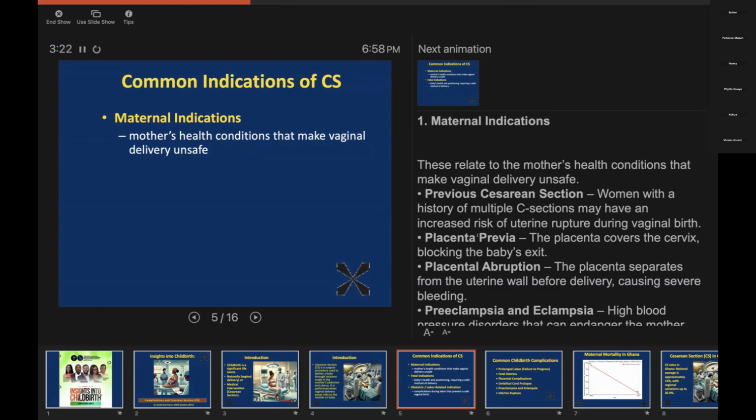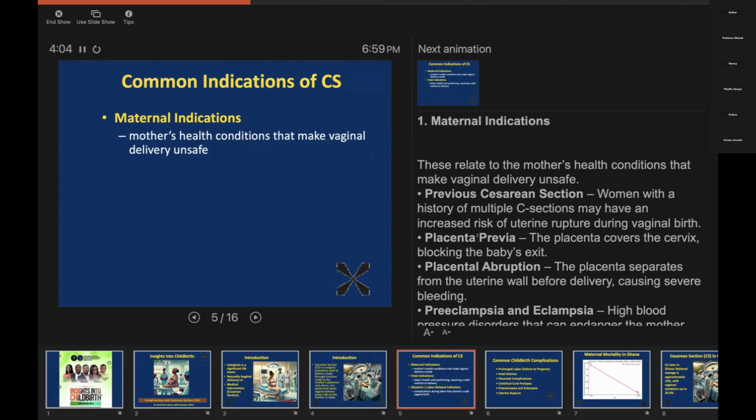So if the child to be delivered is estimated to be big, and we know it will not be safe during labor, assuming we want this woman to try the natural route, it predisposes this pregnant woman to the risk of that scarred uterus, that particular point, rupturing or bursting, to put it in layman's terms, because the healed part is not as strong as the other part. It is common for that side to rupture in pregnant women who have already delivered before, where in the current pregnancy the baby is estimated to be big.